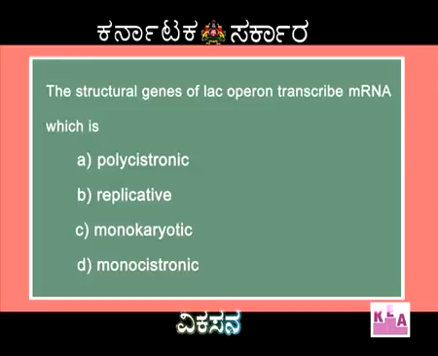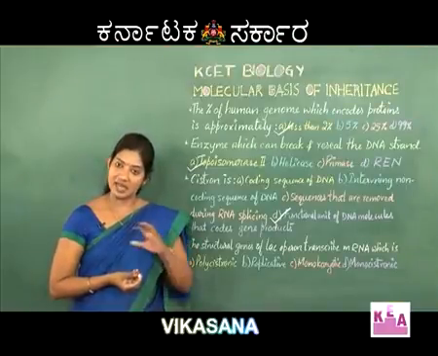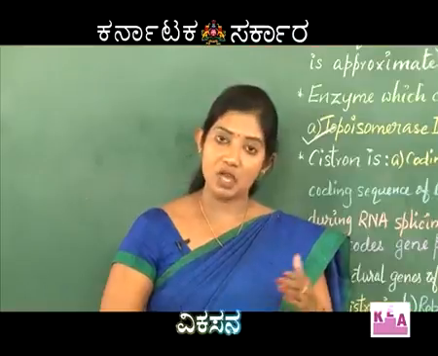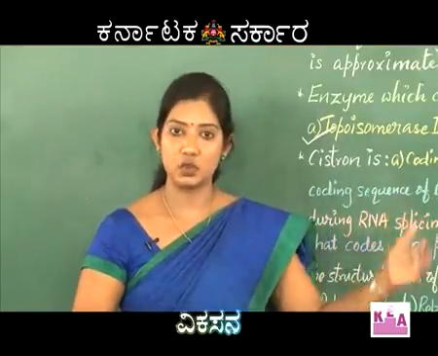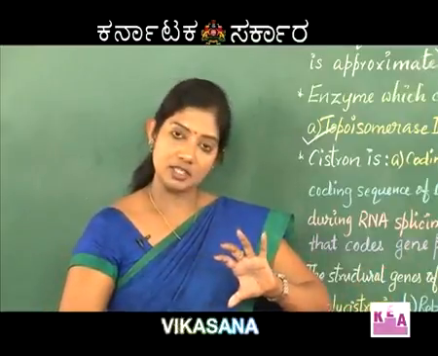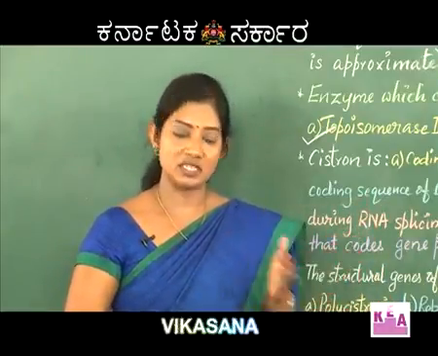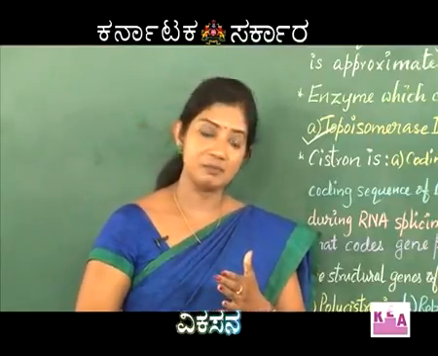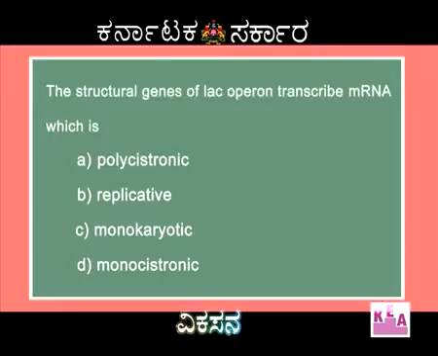Whereas the first option, polycistronic, means more than one or many cistrons are transcribed at a time. So in case of prokaryotes, because there are no introns in between, all the sequences present are coding for proteins. The transcription starts from one end and it completes till the end, as a result of which a polycistronic structure is found in prokaryotes.